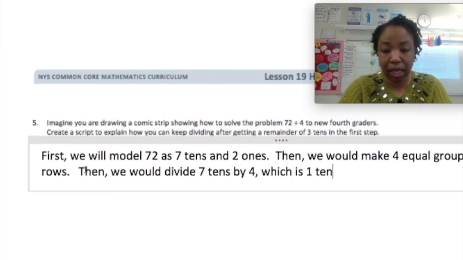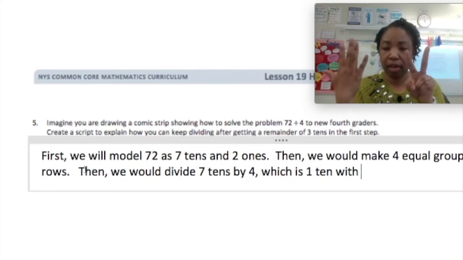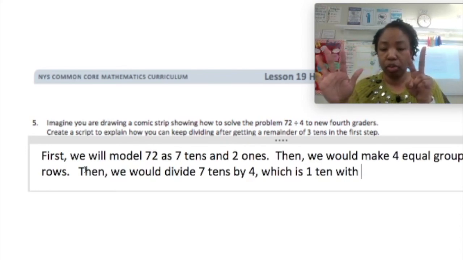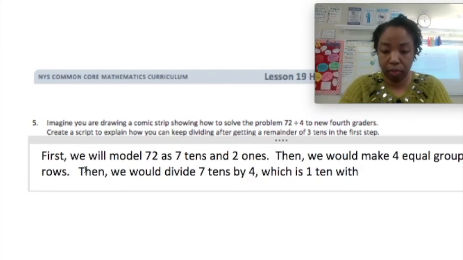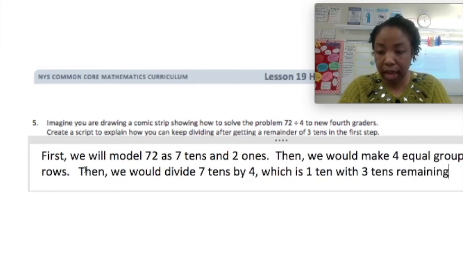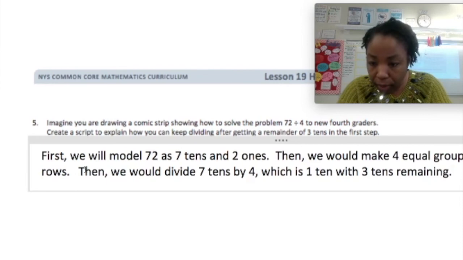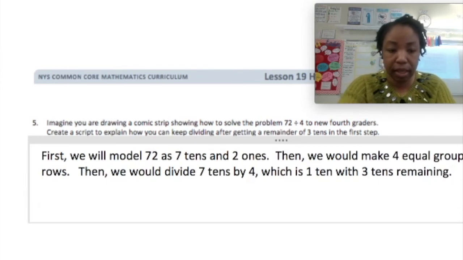Which is 1 ten, so if we have 7, we do 4, we have 3 tens remaining. This is where they kind of picked up here, right?